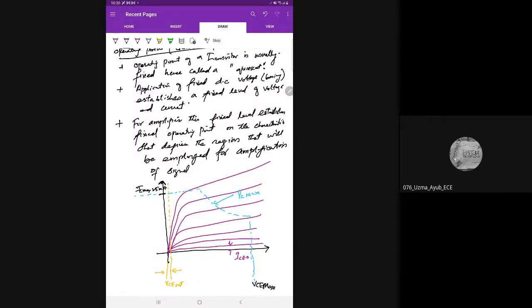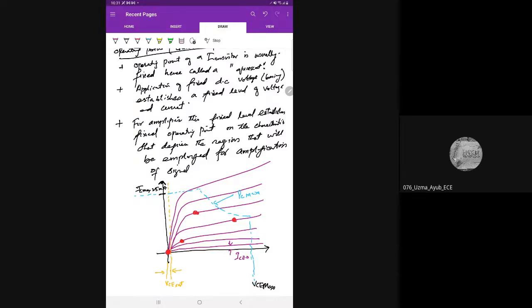अब देखिए, suppose in this curve we have four different operating points. One operating point is exactly at the origin, another is somewhere here, and third one is somewhere here, and the fourth one is somewhere here.